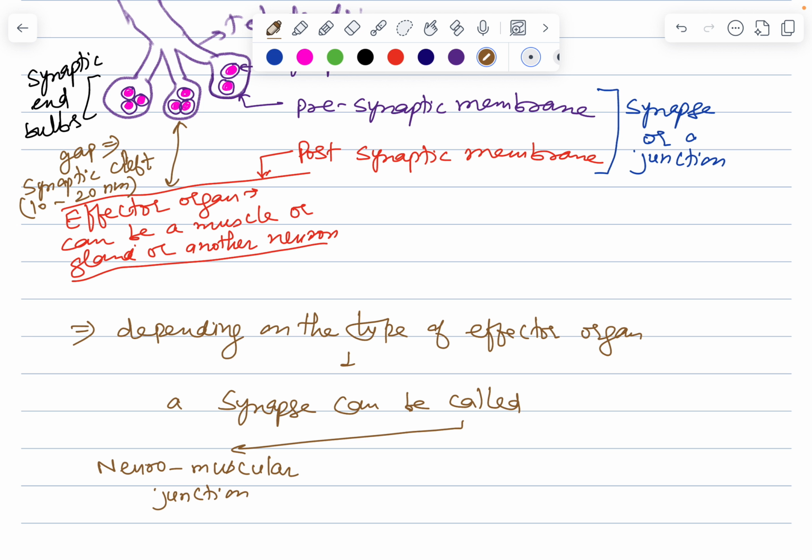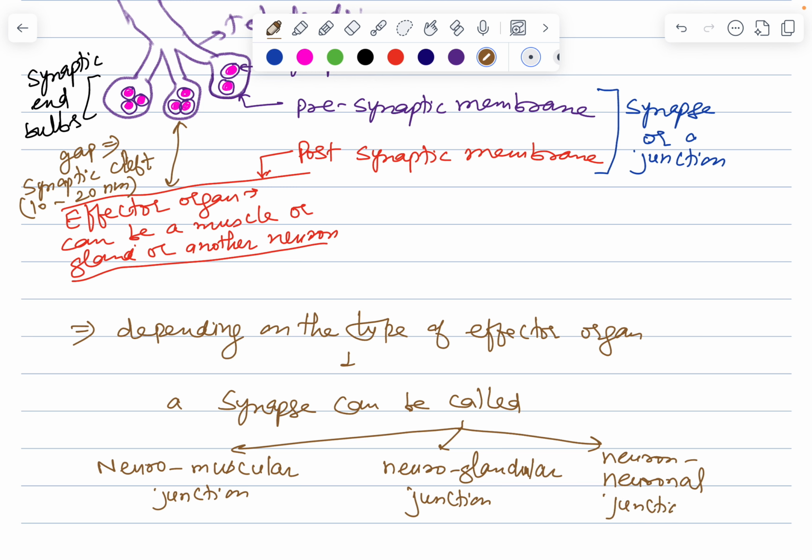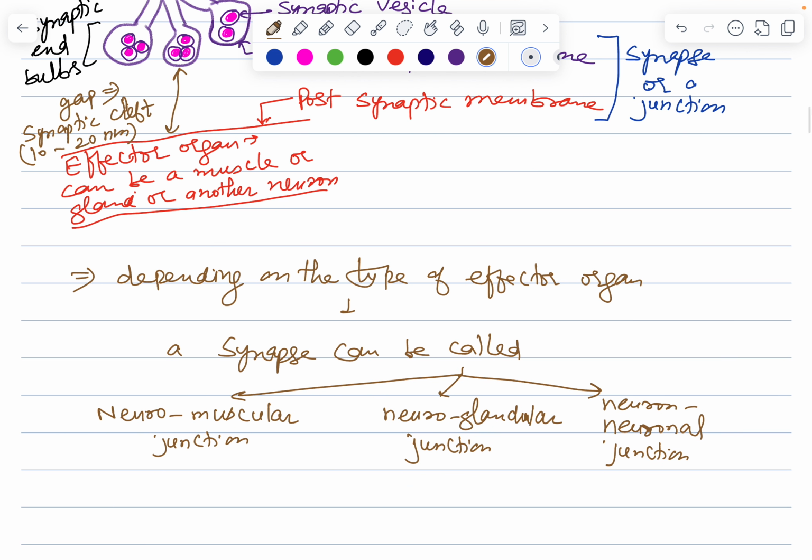The synapse can also be called a neuroglandular junction. Here, who is the effector organ on which the neuron is going to show its effect? Some gland. And the synapse can also be called a neuronal junction, where the effector organ is another neuron. So those are the three types of synapses on the basis of type of effector organ.